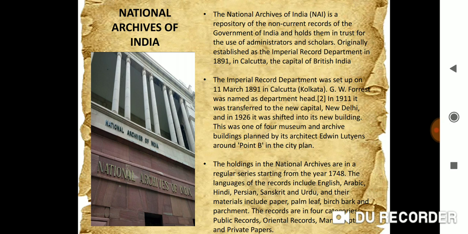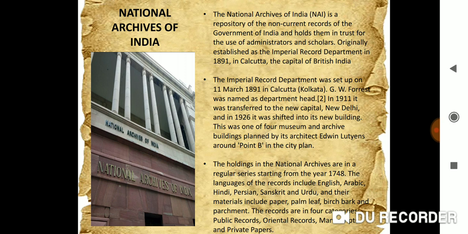The Imperial Record Department was set up on 11 March 1891 in Calcutta. G.W. Forrest was named as department head. So G.W. Forrest was the departmental head who started this Imperial Record Department in Calcutta on 11 March. In 1911, it was transferred to the new capital, New Delhi.